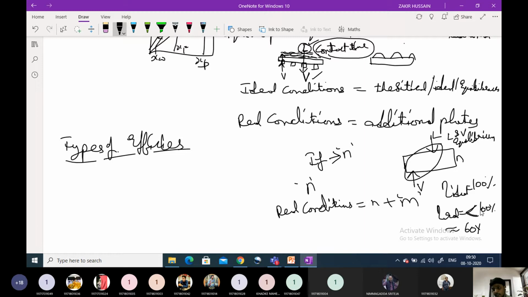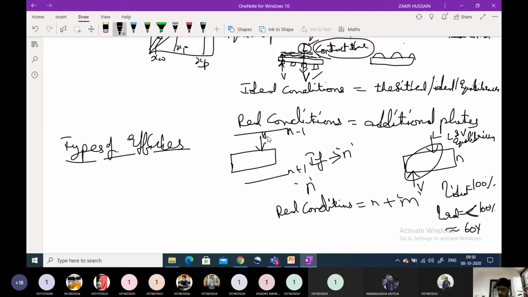How to calculate that efficiency? Depending on the vapor compositions on a plate, we will calculate efficiencies. For example, the top plate is n minus 1 and the bottom plate is n plus 1.